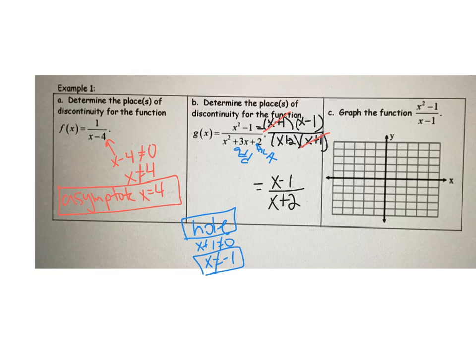I still have a denominator. So if we look right here, our denominator cannot equal 0. Therefore, we also have an asymptote. So our denominator cannot equal 0, so x plus 2 cannot equal 0, so x cannot equal negative 2. So we also have an asymptote at negative 2. Vertical asymptote at negative 2.